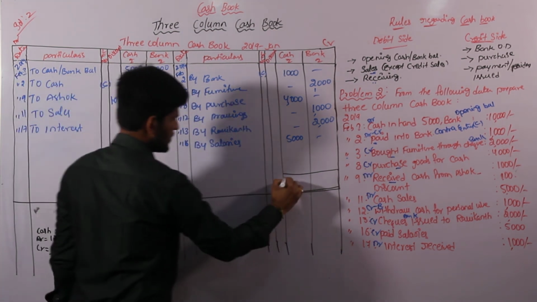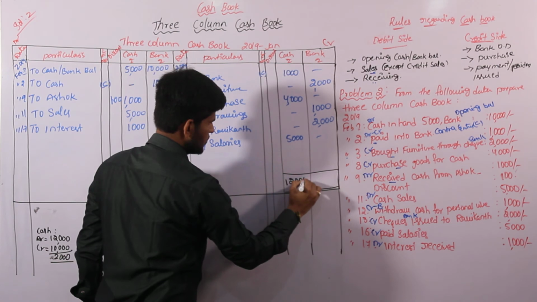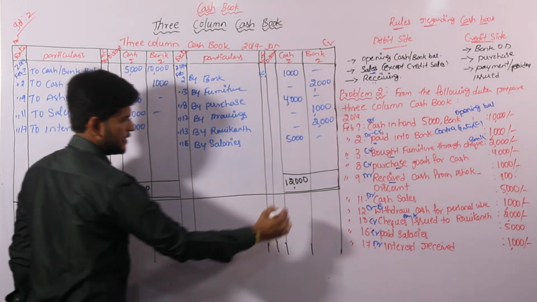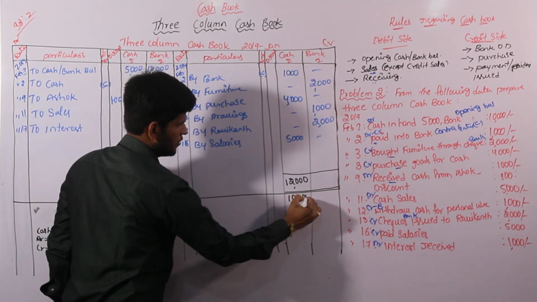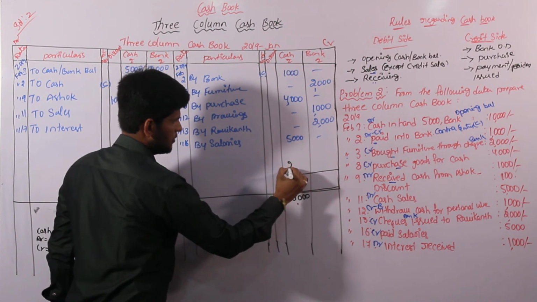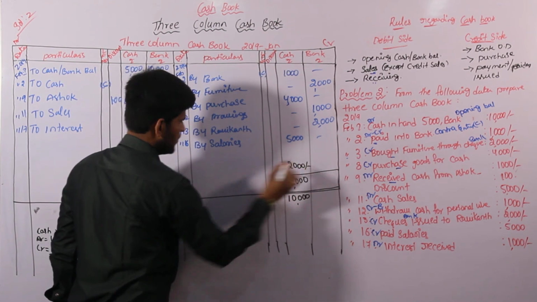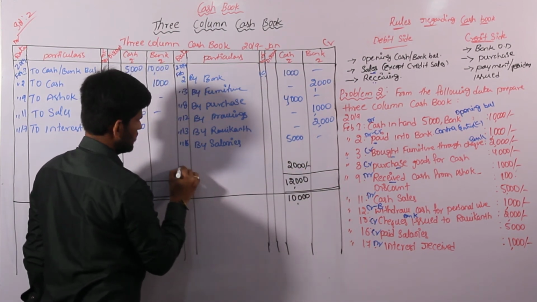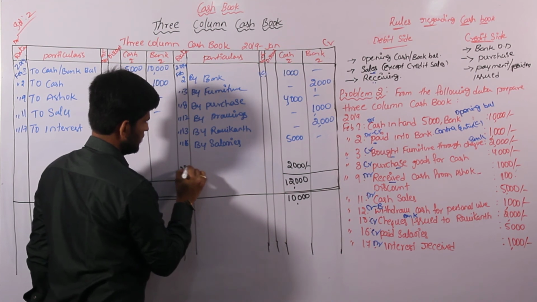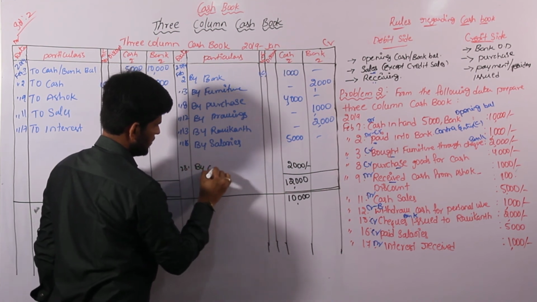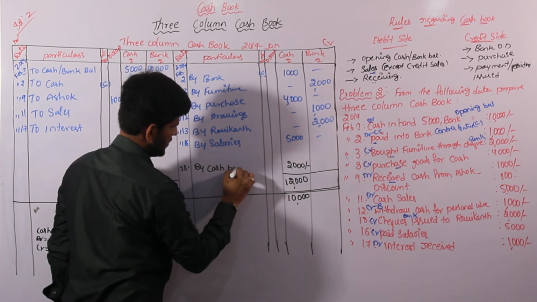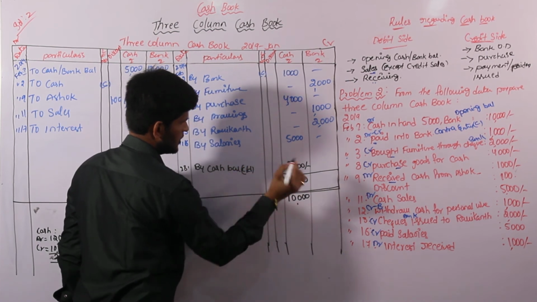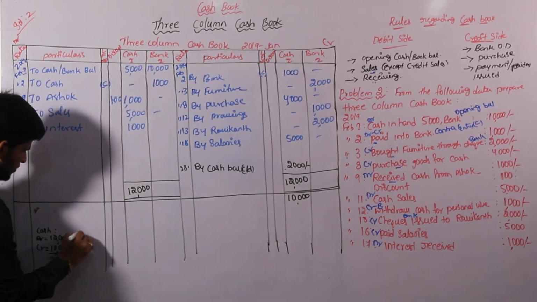So we have to enter the same value here also. So the credit value is the least value, that is 10,000. 12,000 minus 10,000, balance 2,000. We call it by cash balance carried down. This value, and come to the bank value side.